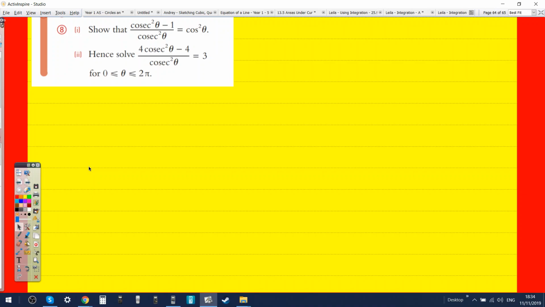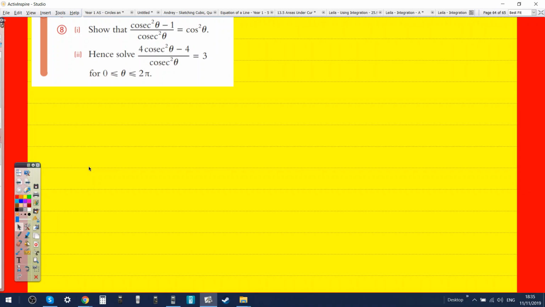So cosec squared over cosec squared theta minus 1 equals cos theta. Okay, so we want to get cos squared theta. So cosec is 1 over sine squared theta minus 1 over 1 over sine squared theta minus 1.